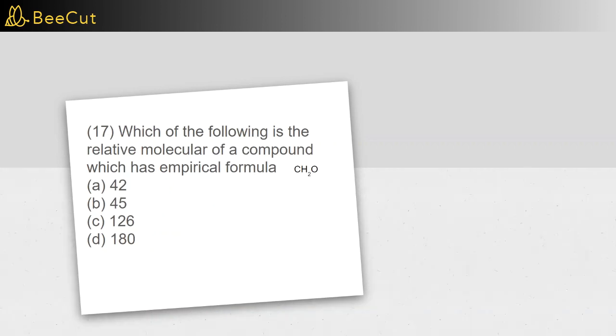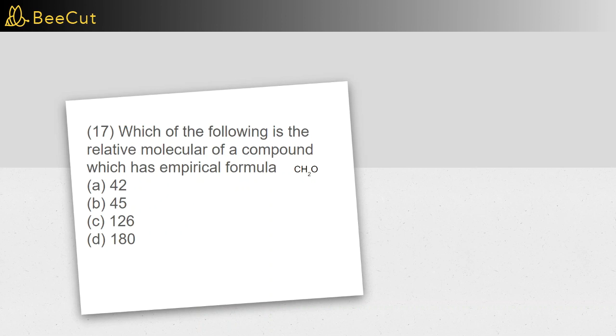Number 17. Which of the following is the relative molecular mass of a compound which has empirical formula of CH2O? We look for the mass number for CH2O.